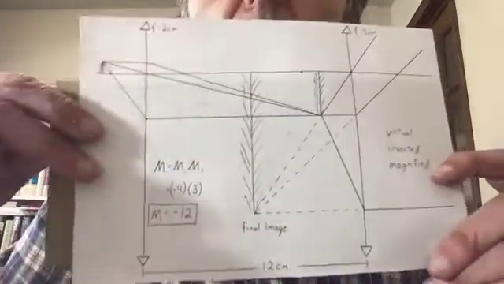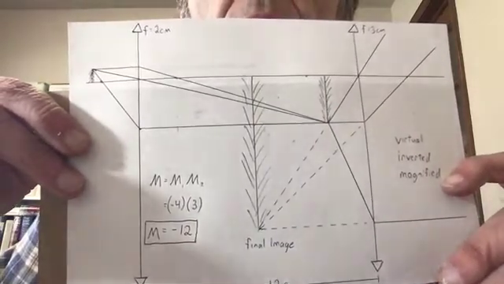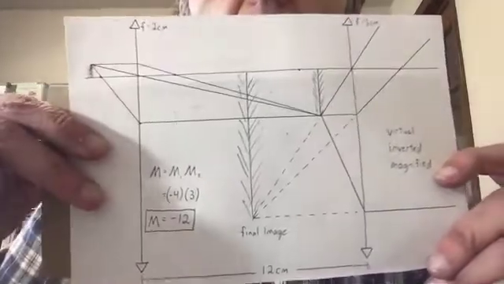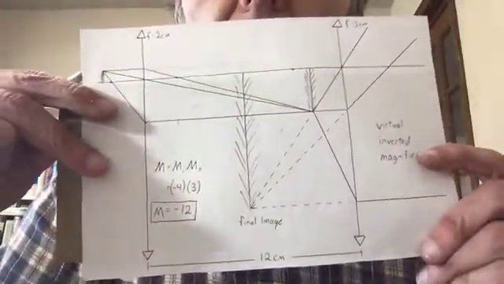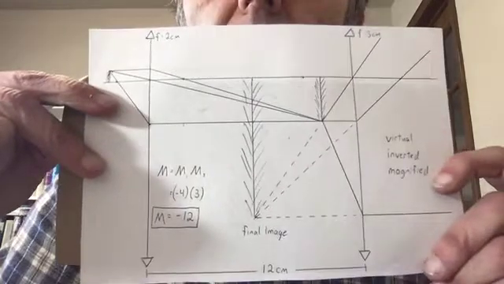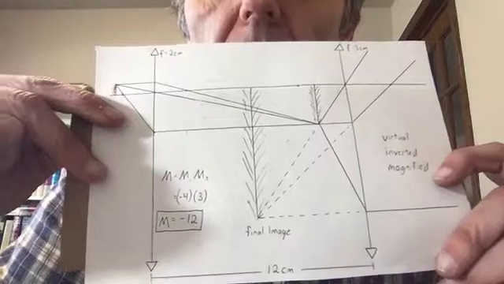So a compound microscope is kind of like casting your image up on a screen using a slide projector, and then walking up to it with a magnifying glass, and looking and getting a very, very high magnification. That's the compound microscope, a classic example of a two-lens system.